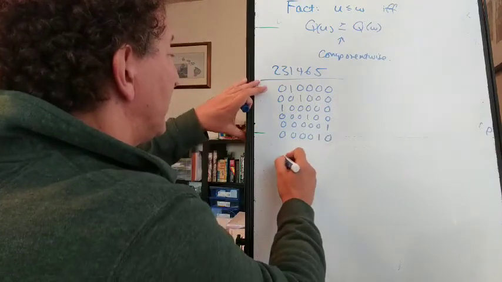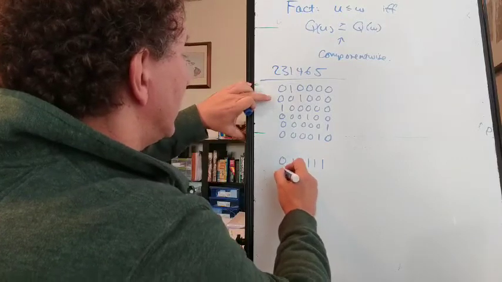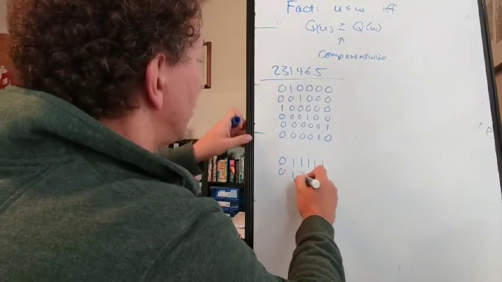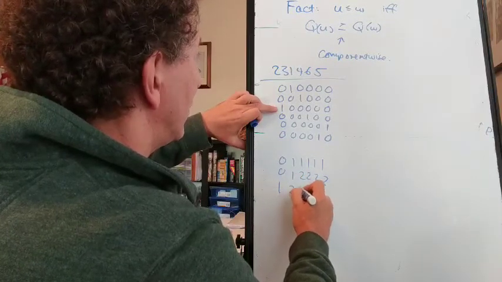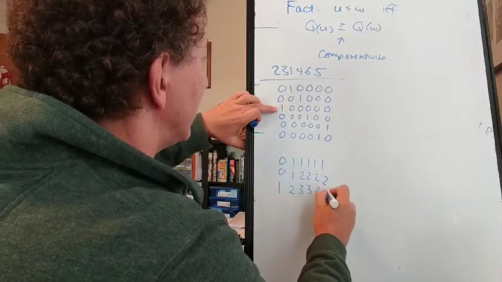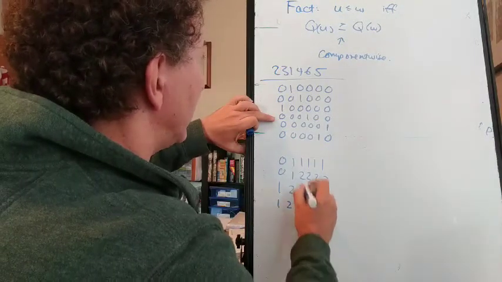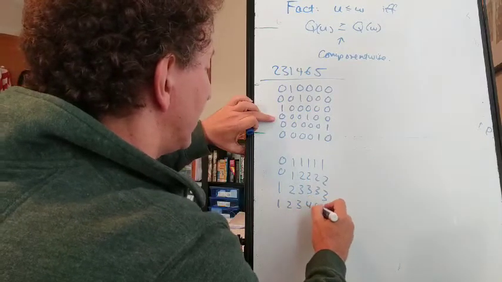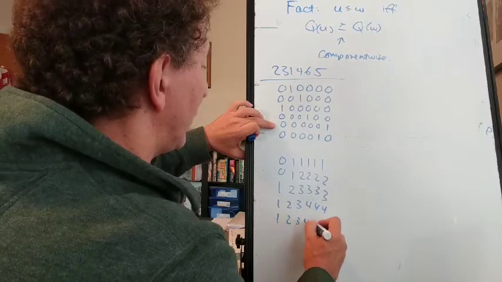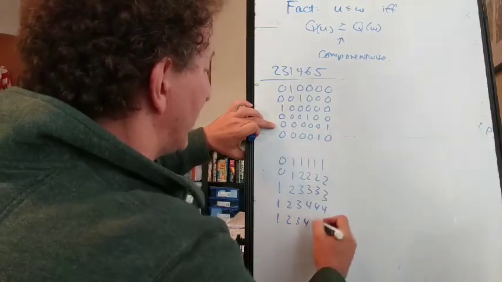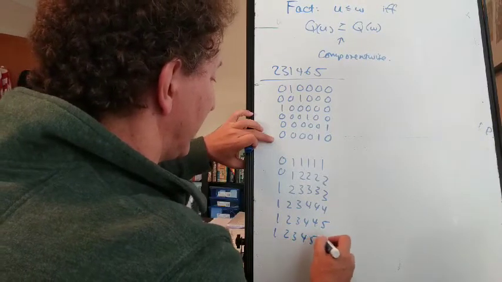Now this becomes 0, 1, 1, 1, 1, 1, 0, 1, 2, and all 2's, 1, 2, 3, and all 3's, 1, 2, 3, and now fourth 1, 2, 3, 4, still only 4 here, and then 5, and then 1, 2, 3, 4, 5, 6.